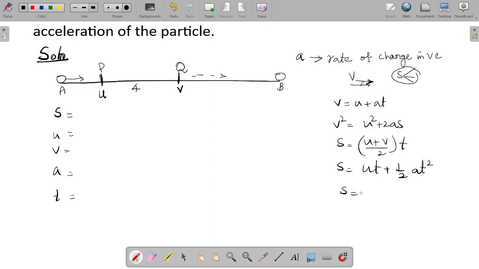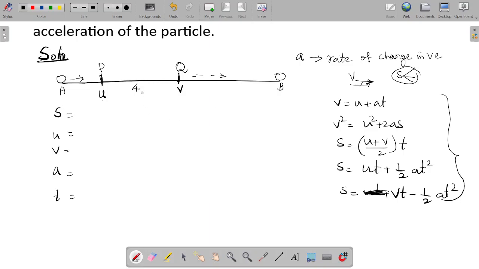Then s equal to vt minus half at squared. If we know the final velocity, we can use this. These are the 5 kinematics formulas that we mainly use.